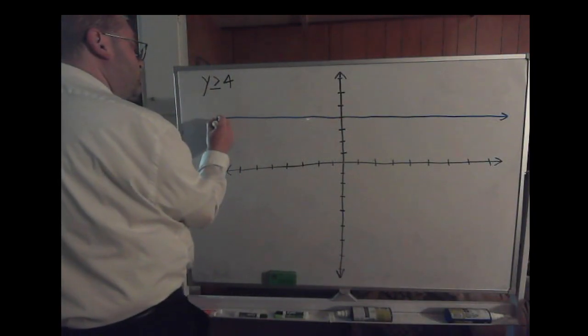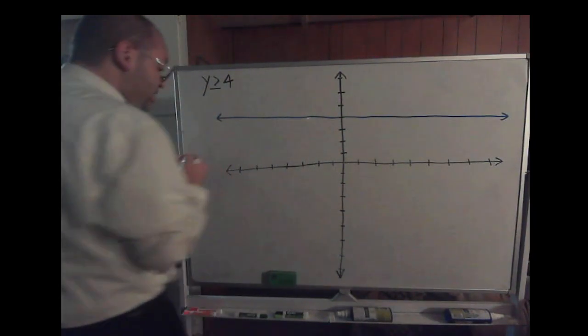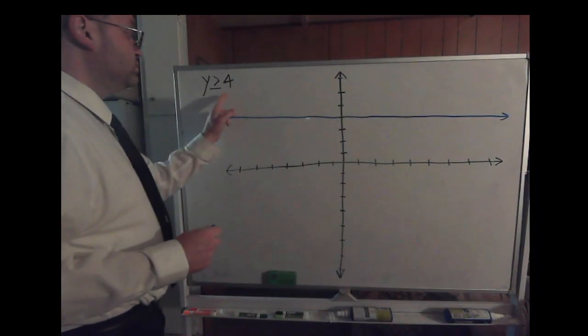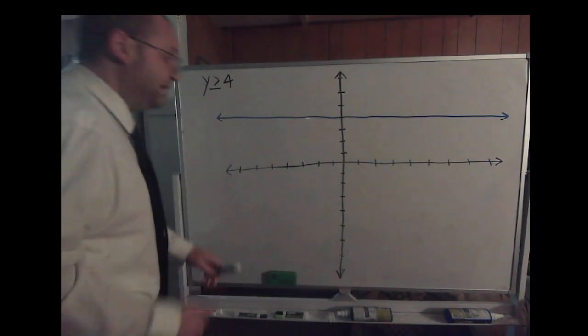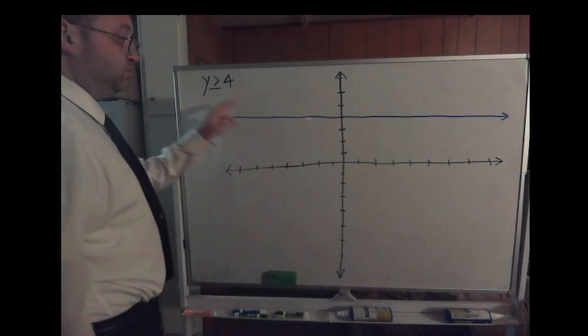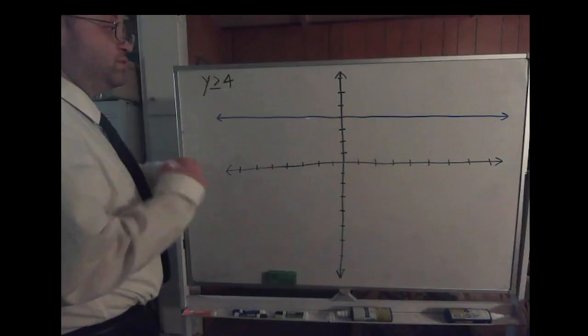It's a nice solid horizontal line. The reason is that a solid line denotes that you include y equals 4 in the solution to your graphing. Because if it's equal to, you have to include y equals 4.